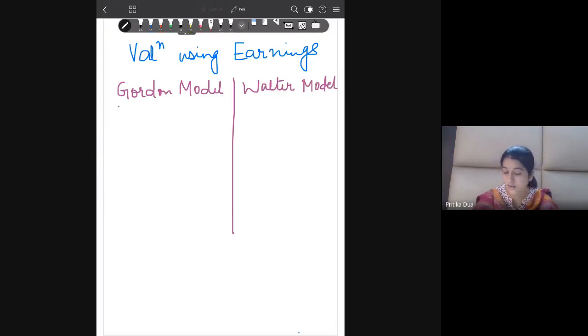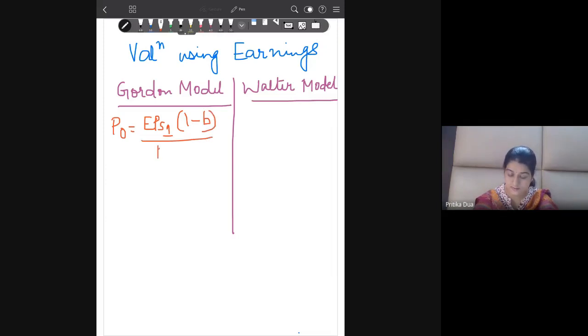Where did we do these models, anyone? Can you recall which unit in corporate finance? Unit 4, what was the name of Unit 4? It was the unit on dividend decision. Yes, absolutely right.